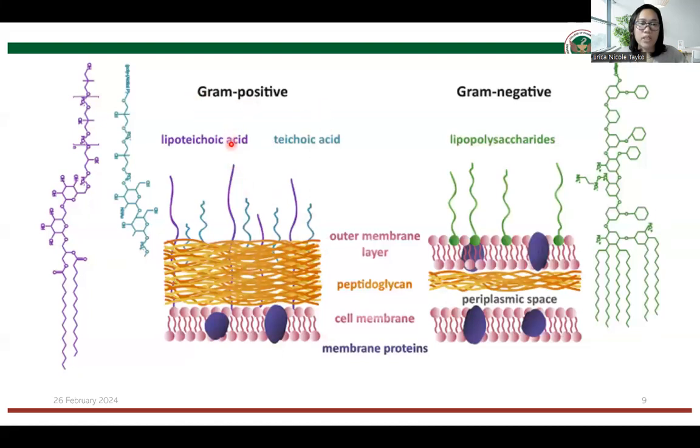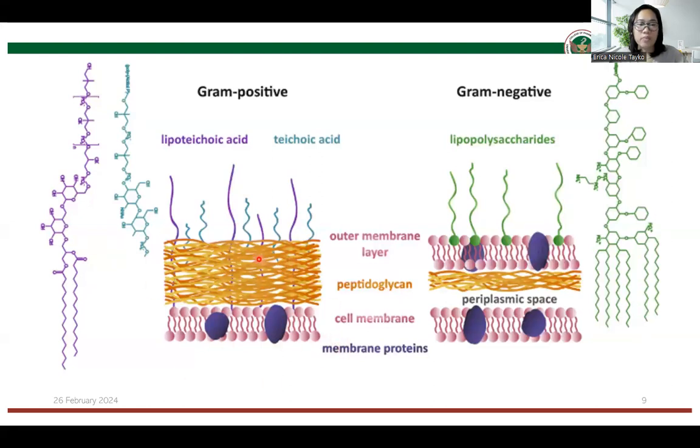For your gram positive bacteria, there is the presence of compounds or strands in the form of lipoteichoic acid and teichoic acid. These compounds are actually negatively charged, so they contribute to the general negative charge found in your cell membrane.